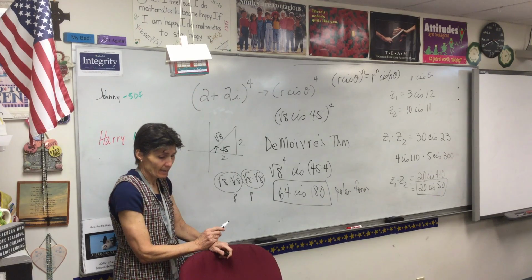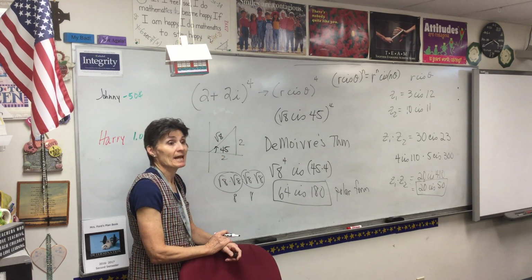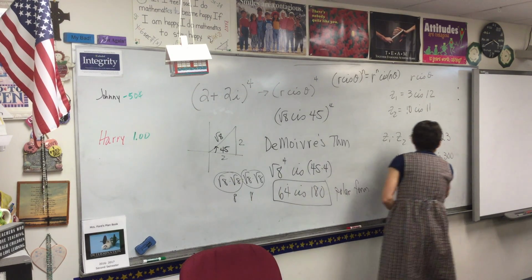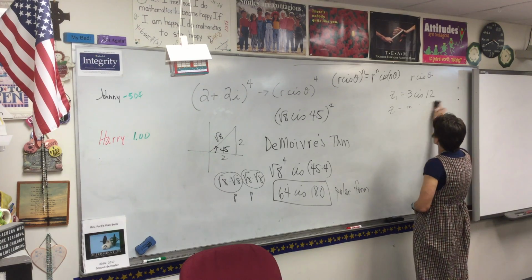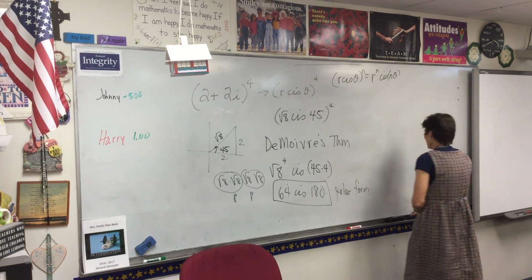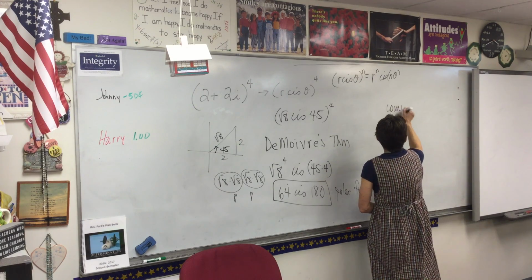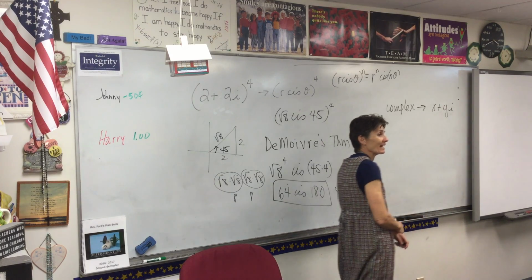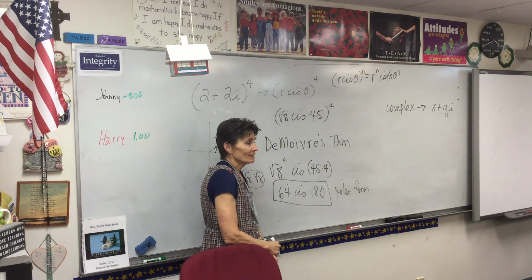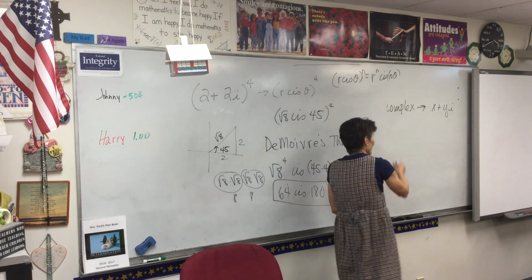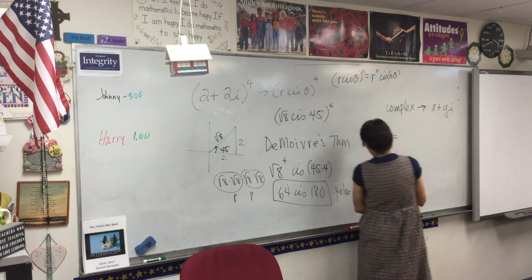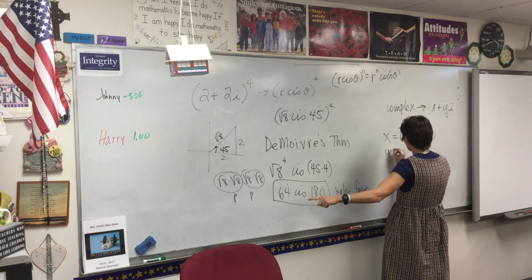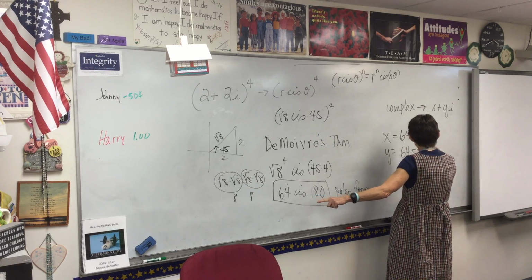Now the directions say answer in complex and polar. So this is the polar form. Complex form means x plus yi. So I need to find x and y. And how do we always find x? x equals r cosine theta. y equals r sine theta.